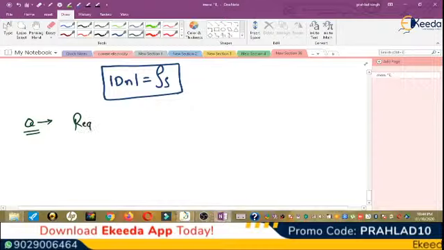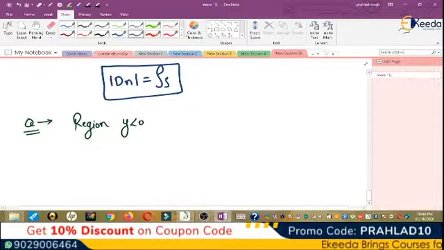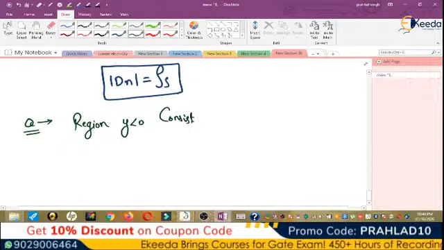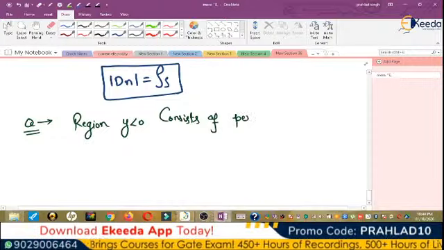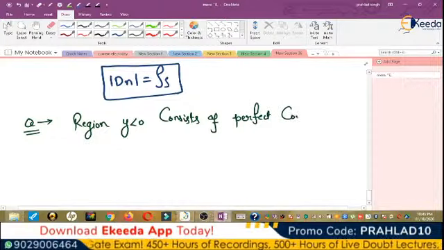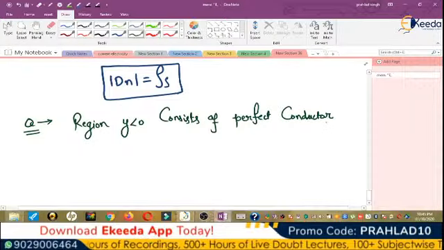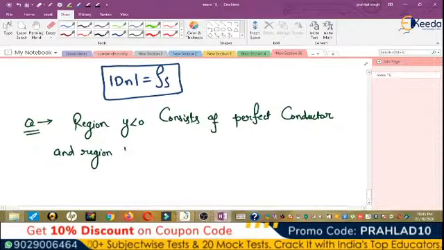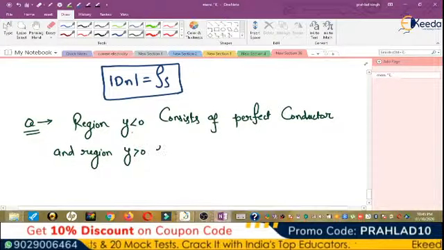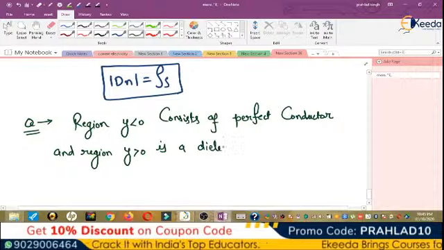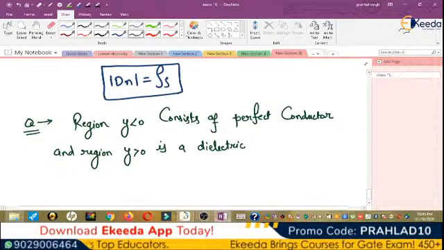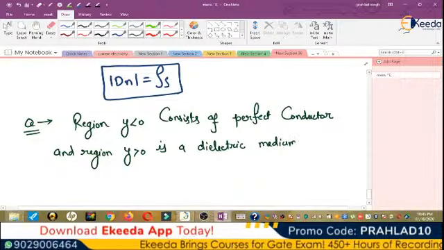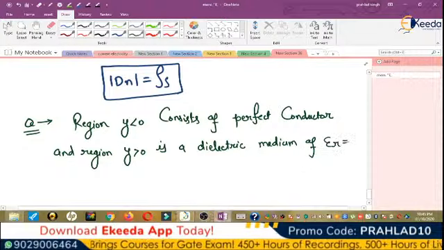Question is, region y less than 0 consists of perfect conductor, and region y greater than 0 is a dielectric medium of epsilon r is equal to 2.